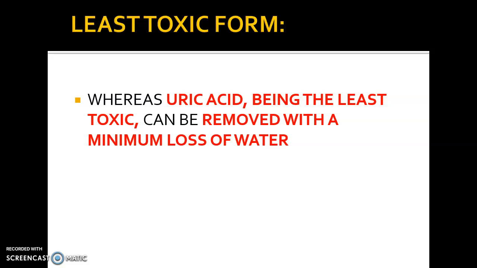How did we standardize which nitrogenous waste is the most toxic and which is the least toxic? It is by the amount of water required for its removal. Whichever nitrogenous waste product needs a high amount of water for its removal will be considered the most toxic, and the one which needs minimum loss of water will be considered the least toxic.